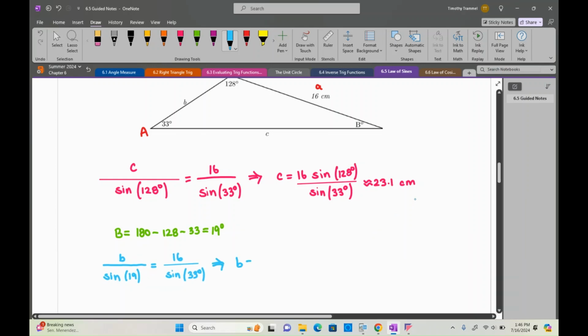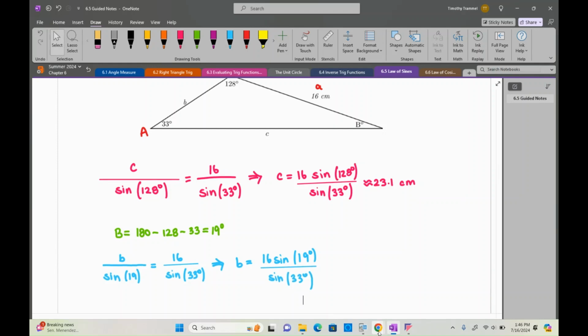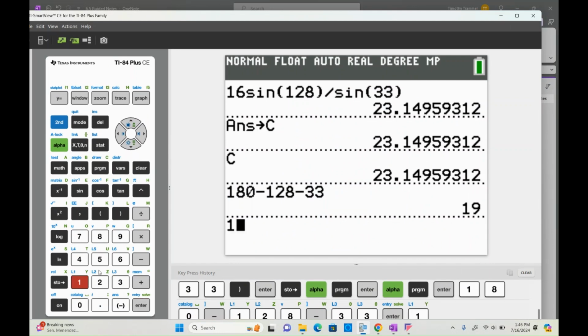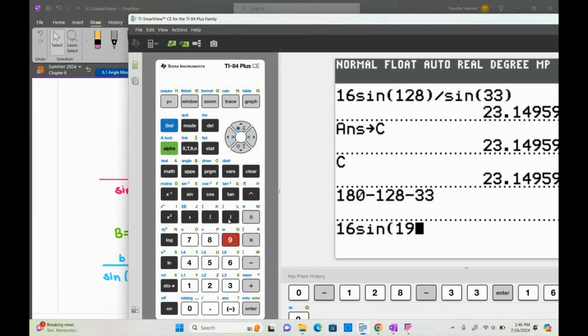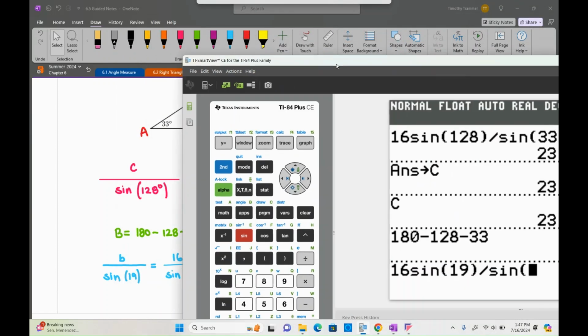So we could multiply both sides by sine of 19. So I have 16 sine of 19 degrees divided by sine of 33 degrees. And so we can type this in here, 16 sine of 19 divided by sine of, and I think it was 33, yeah.